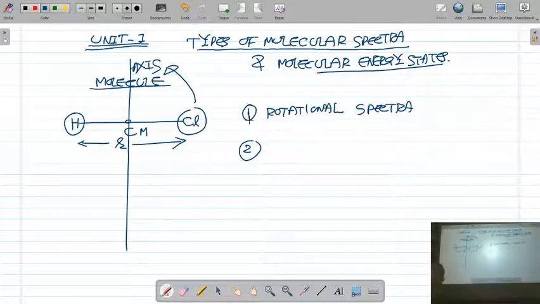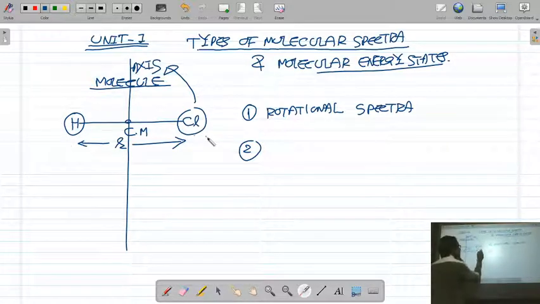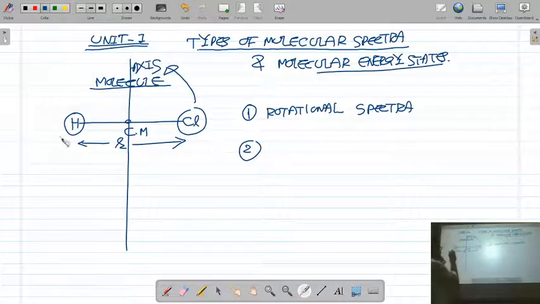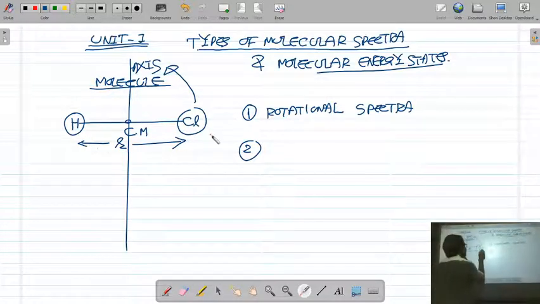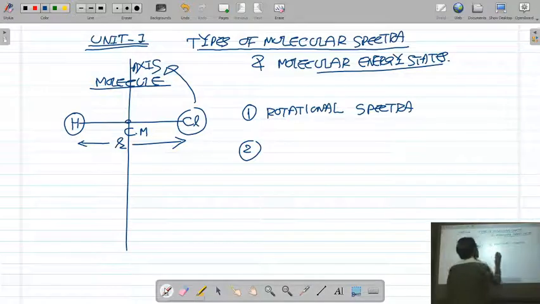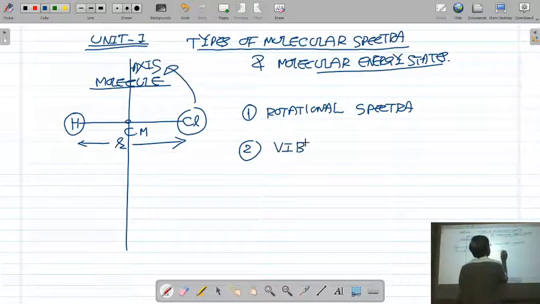Over and above the rotational motion, the two atoms of the molecule, the H atom and Cl atom, are vibrating about their equilibrium position. So due to the vibrational motion of the H atom and Cl atom, we get vibrational spectra because its vibrational energy is going to change.